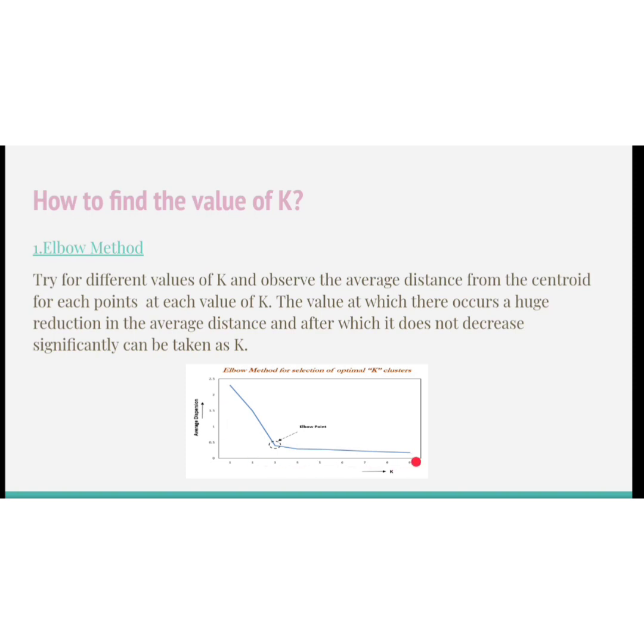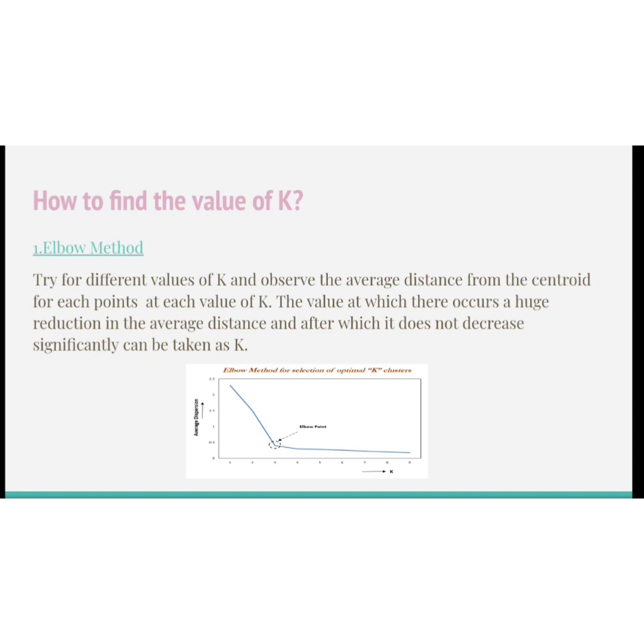So in this we have to find that point where this folding occurs, that point where occurs a huge reduction in this average distance, and also after that point that reduction in average distance will not be that significant.